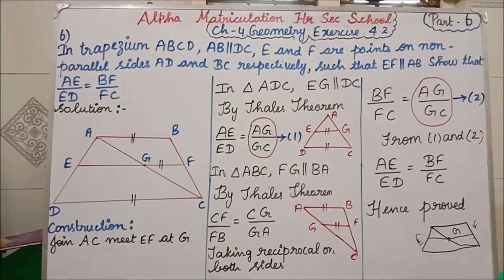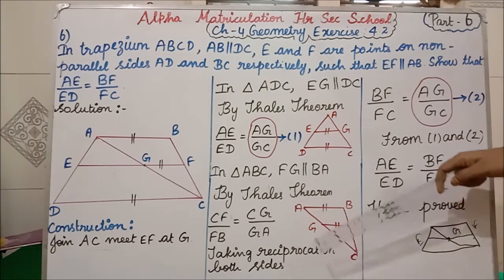Sorry students, I said EG here, but this is not EG, this is FG. This FG line is parallel to BA. Now how will you write? By Thales theorem, the corresponding sides divide in the same ratio. So CF divided by FB is equal to CG divided by GA.